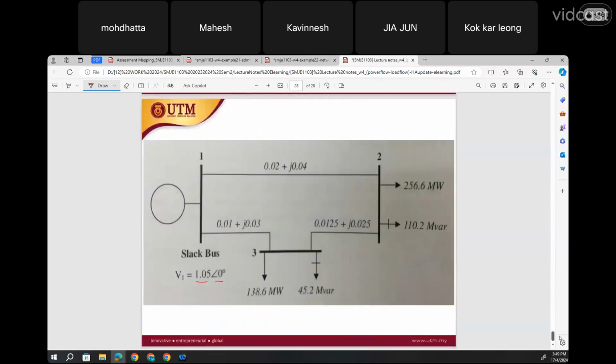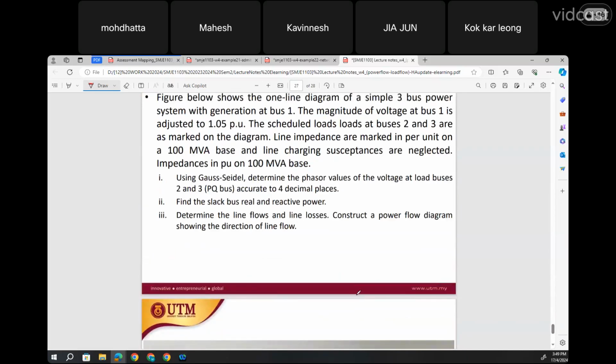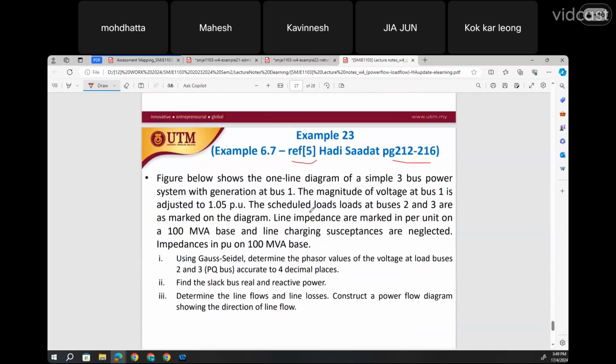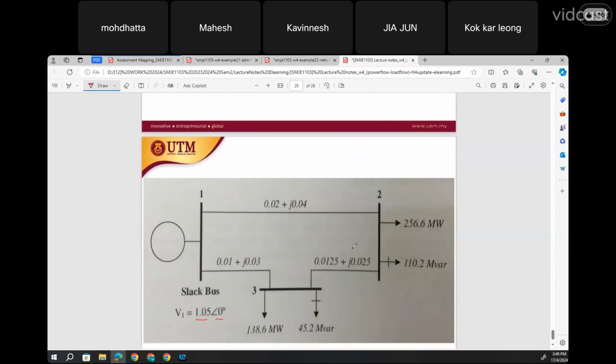Okay, go on again. The scheduled loads at buses 2 and 3 are marked on the diagram. Scheduled load, what is scheduled load? In this case, the scheduled load is this value and this value. Here we have two buses which are considered load buses.